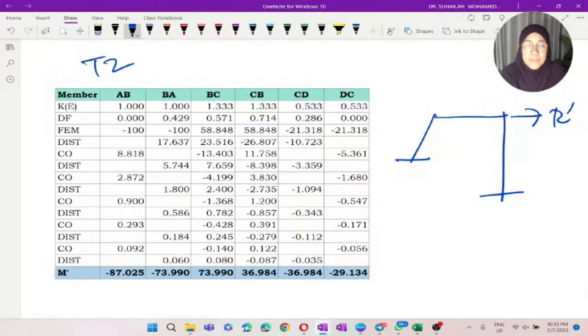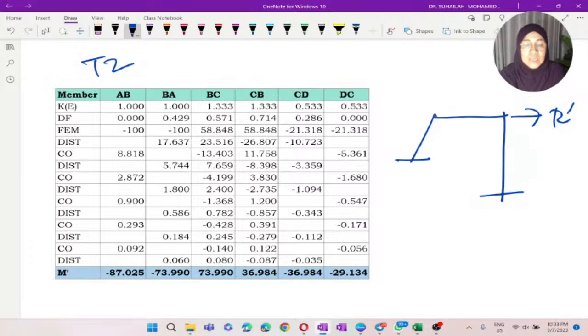As usual in table number 2, we distribute moment using joint moment. We calculate the joint moment with the distribution factor for each member, and then we carry over the value. We repeat the process until the last distribution reaches 0 and we stop.